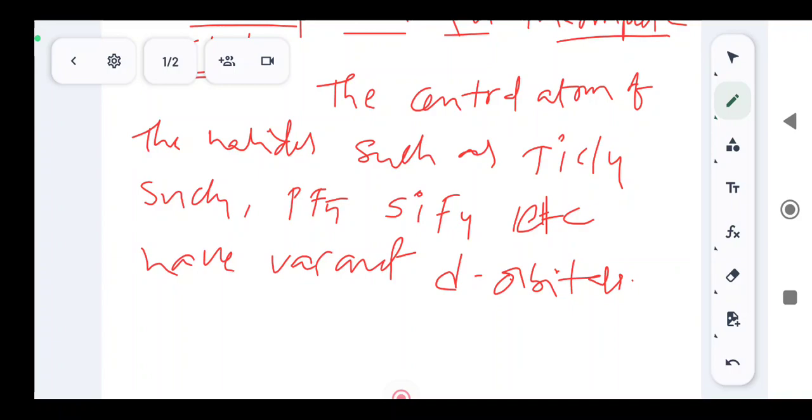So these can therefore accept an electron pair and act as a Lewis acid.